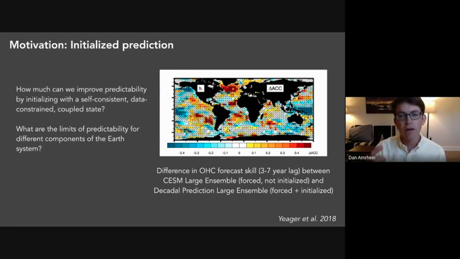And the takeaway here is that when it comes to decadal prediction, at least in CESM, and certainly in some regions, where you start matters. The initial condition for predictability seems to be important.